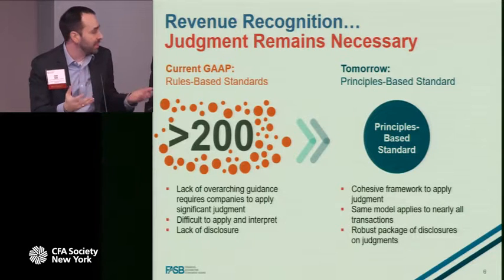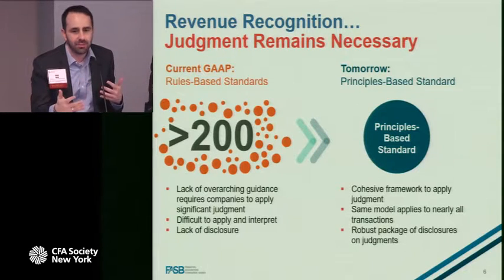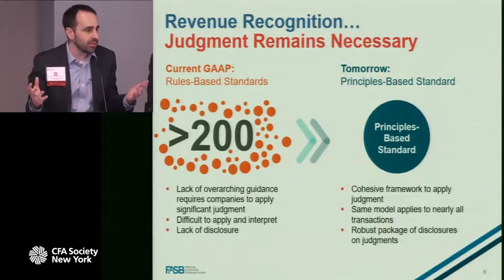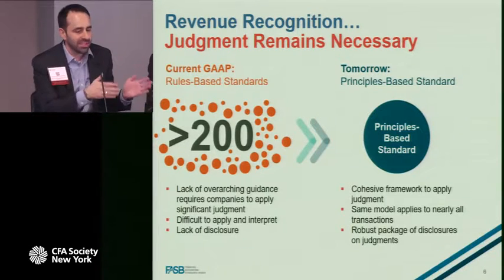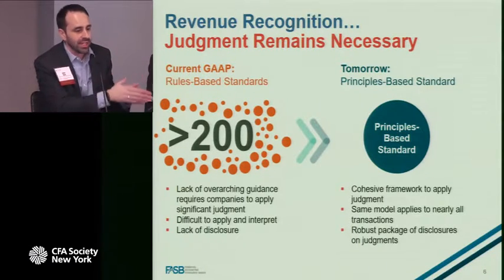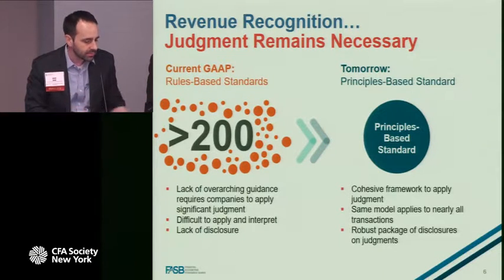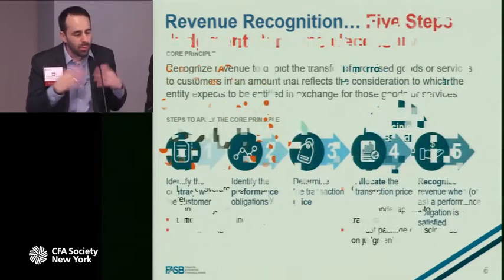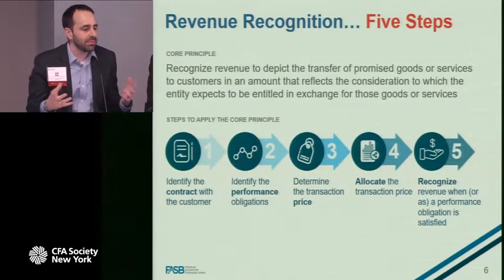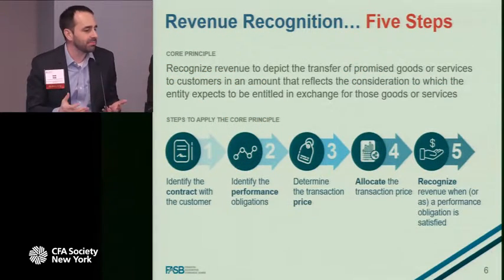And so would result in better quality information, because then users didn't have to understand what specific industry am I looking at, what accounting guidance do they have versus what I've looked at in another industry. And so what's the principle then? So it's one principles-based standard. It's a pretty simple principle.